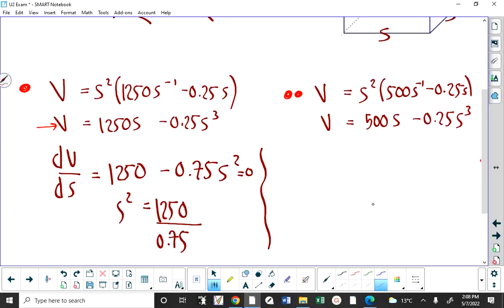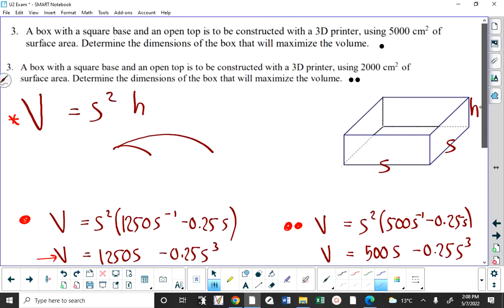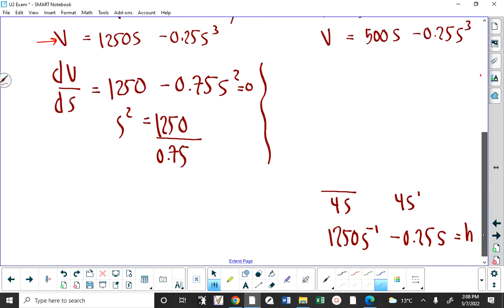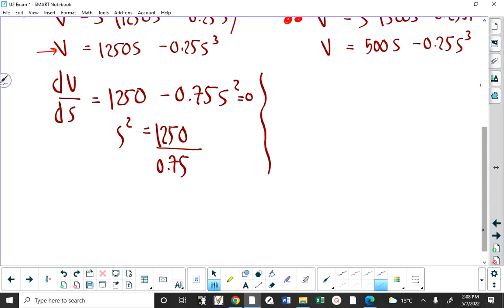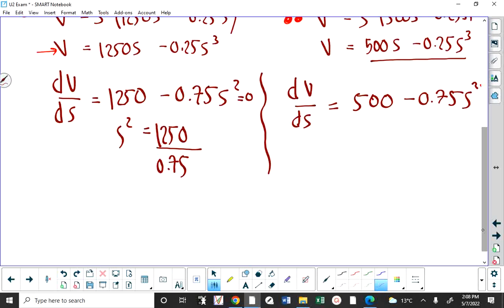Once you know the actual value of s, then you can calculate the value of h, because I believe the question said, what are the dimensions? So determine the dimensions. Over here with version 2, if you had version 2 of the exam and chose to do this particular question, you'll have dv/ds equals, differentiating here, 500 minus 0.75 s squared.